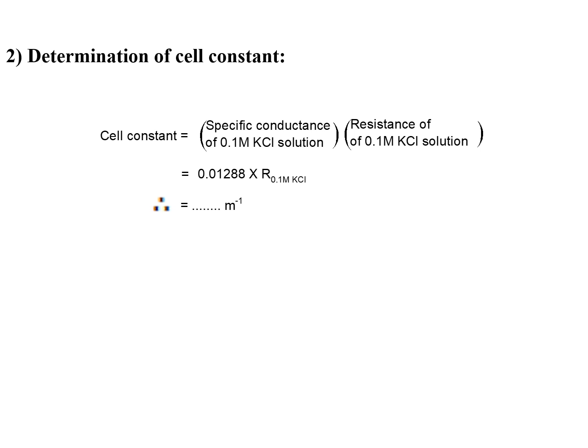That is, specific conductance of 0.1 molar potassium chloride solution is 0.01288. It is an experimentally determined standard value and is multiplied with the resistance of potassium chloride solution determined using Wheatstone bridge. So we get the value of cell constant in terms of per meter.